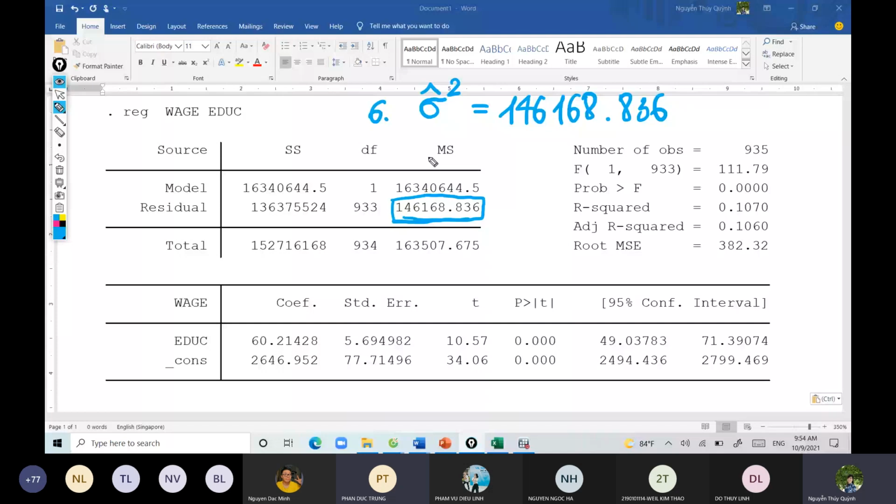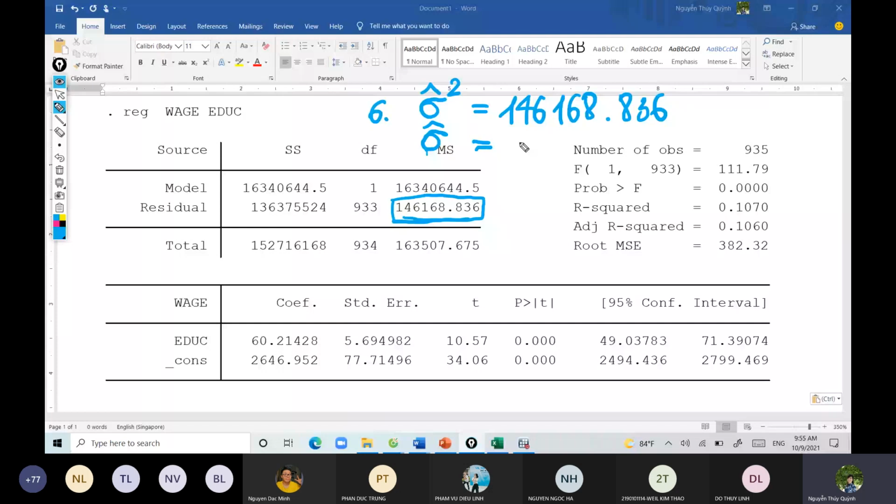And what is it? Do you see it in this table? Okay, you can do the calculation.